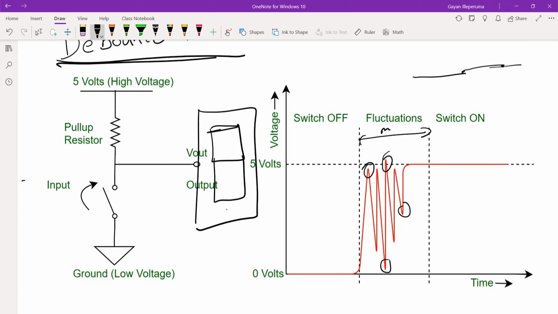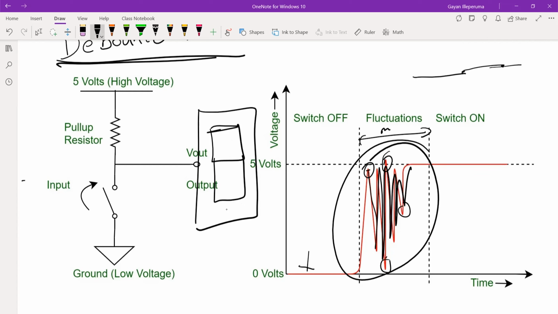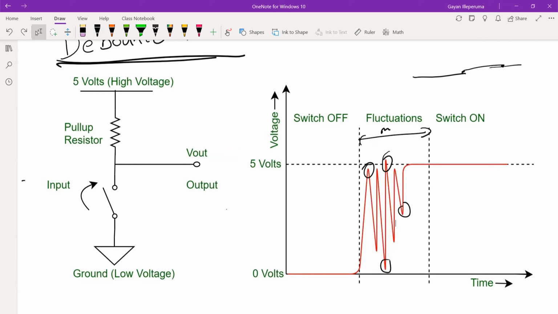They push it once and the number increments by 1. But if you have fluctuations like this, you might press it once and think it will increase by 1, but unfortunately it starts vibrating and you might end up incrementing it by 5 or 6 or something like that. So that is not a desired behavior, right? So we need to reduce it. That's a practical issue when you are using switches.